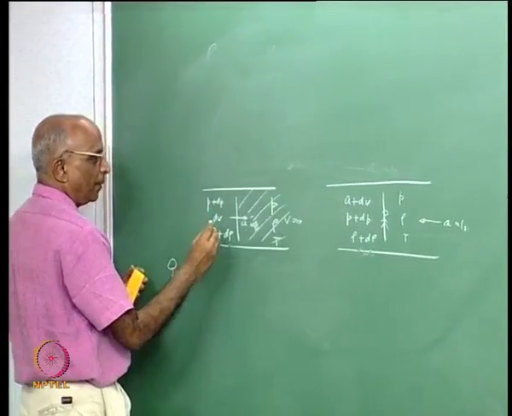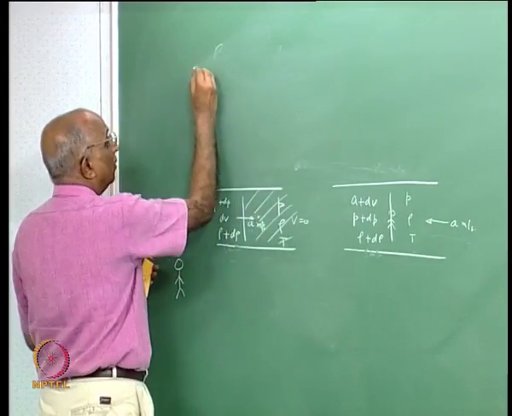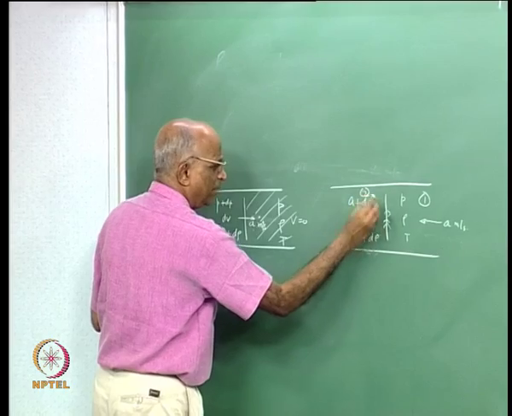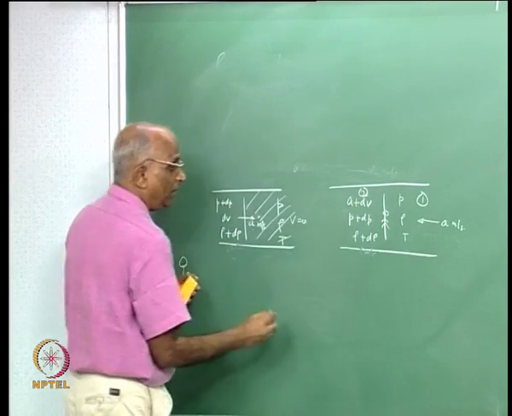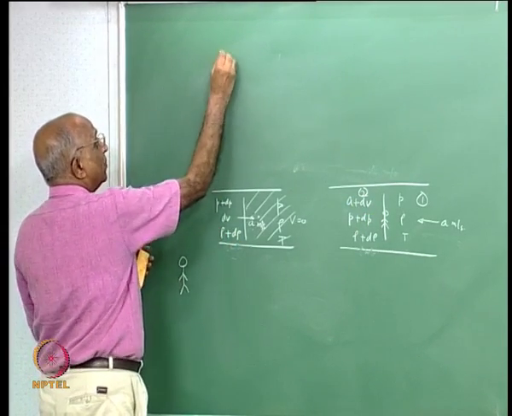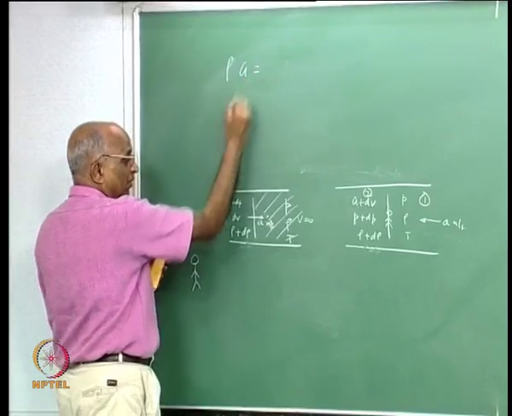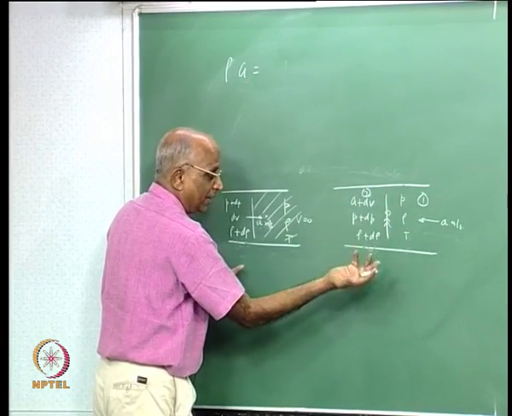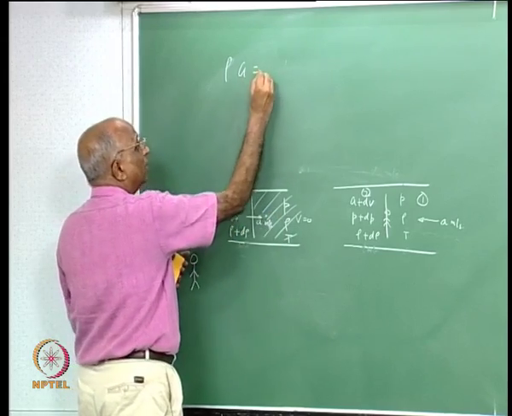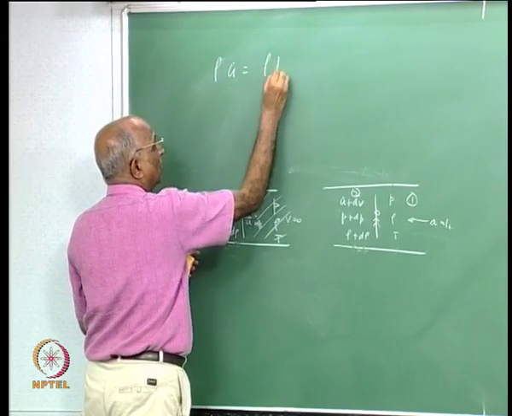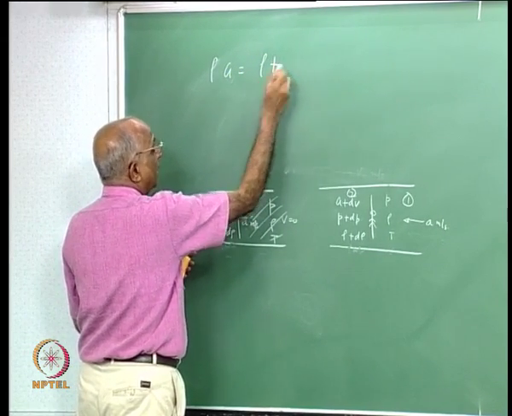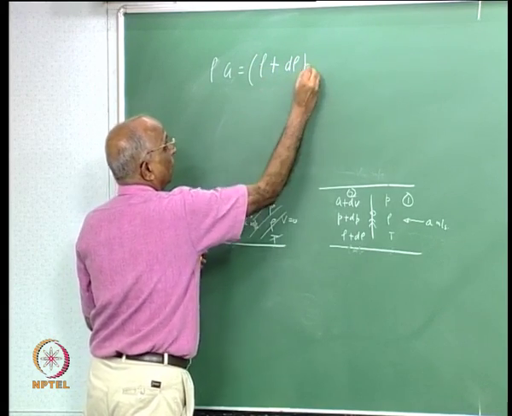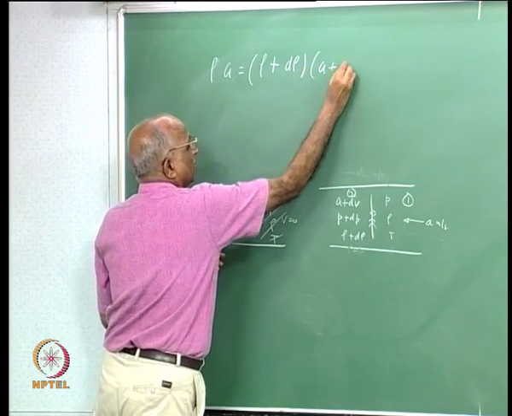I have on the right hand side the undisturbed medium, and this is the disturbed medium. I stand over here, watch the fun, and write the equation. I get rho a into cross sectional area, I take the same area because it really does not matter, so rho a is equal to rho plus d rho into a plus dV, and the area cancels.